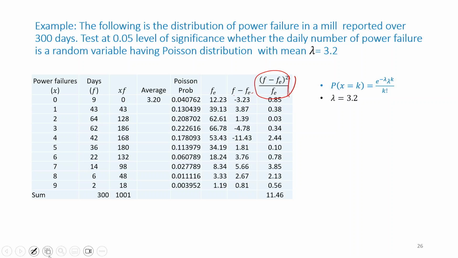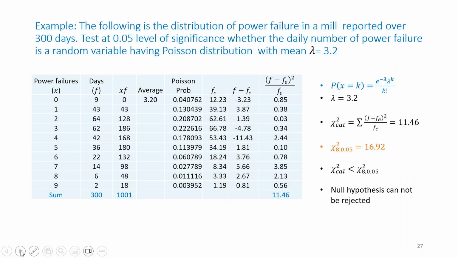So we calculate this quantity, and the respective values are given in this particular column, and then we sum them up, which is 11.46.